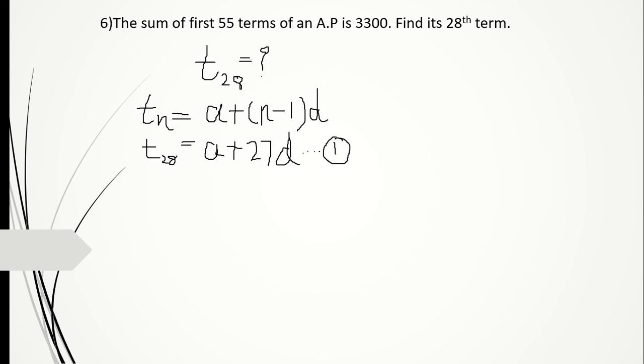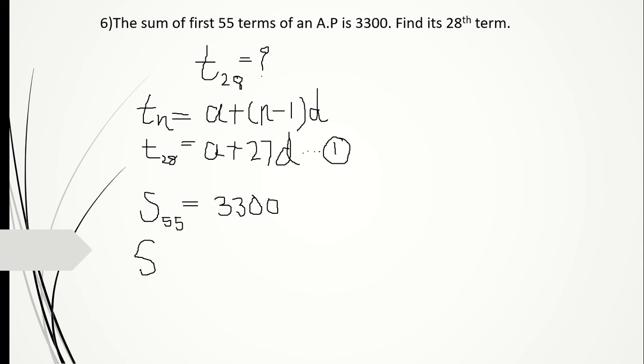What else is given? The sum of the first 55 terms, that is S55, is 3300.